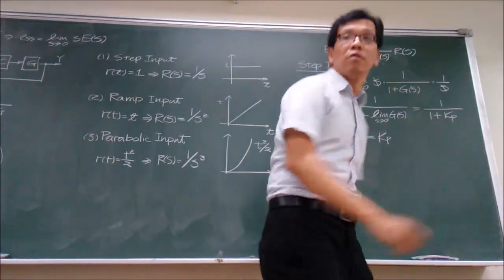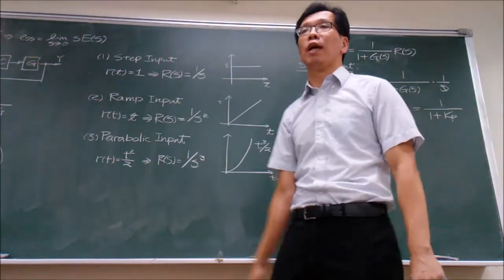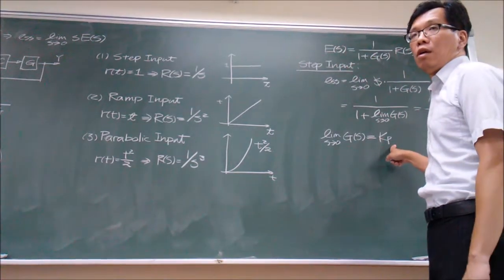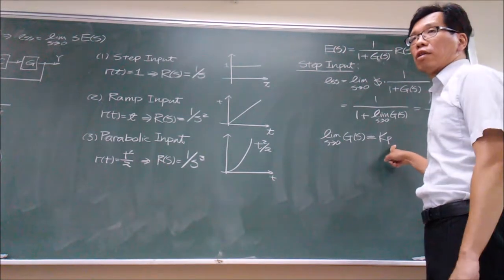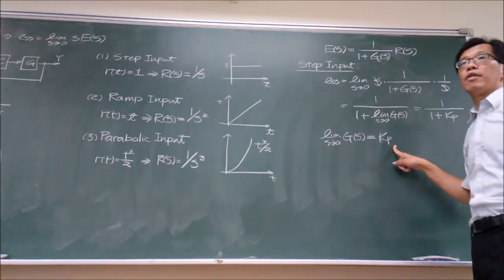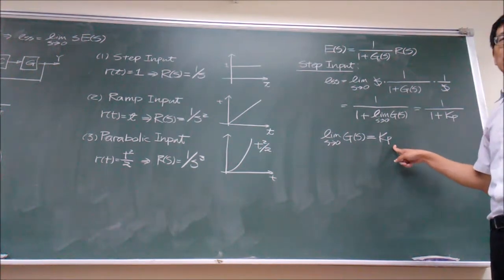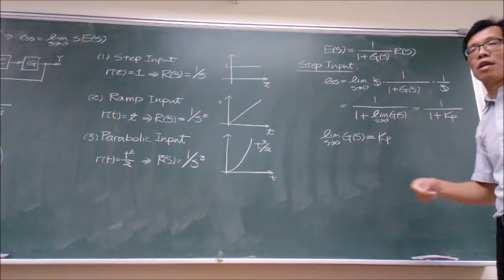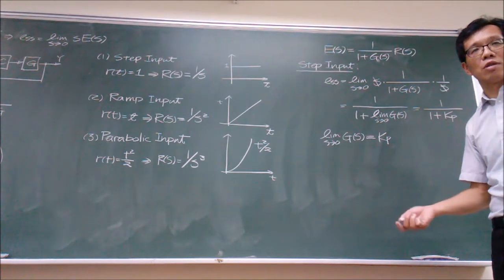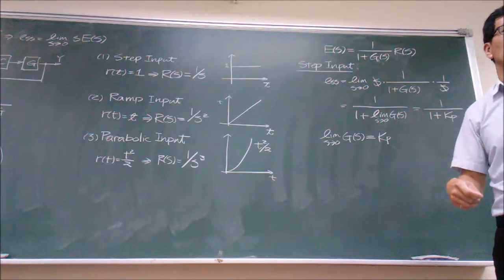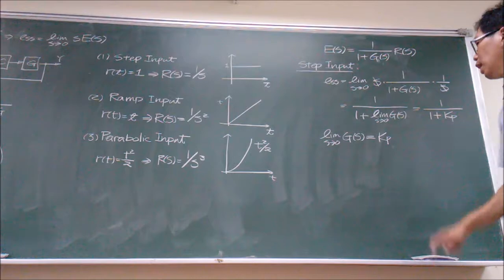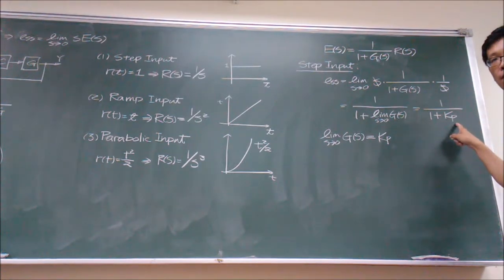Okay? Now, go back to the question why I need to have S over here. So in this case, again, go back to our definition. When we have a system, what is the steady state error we expect for our system? The best scenario of steady state error is what? 0. How can we make this one 0?